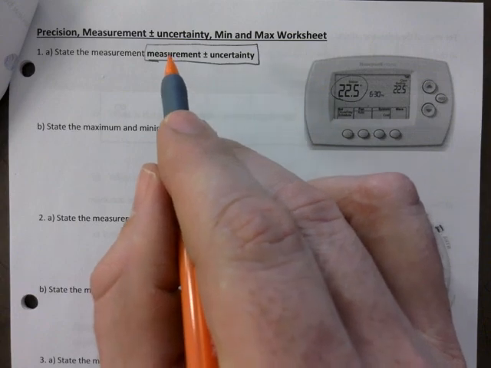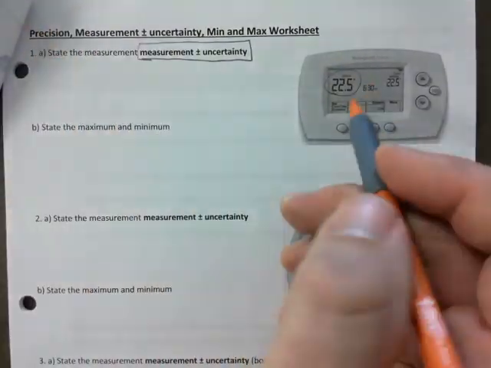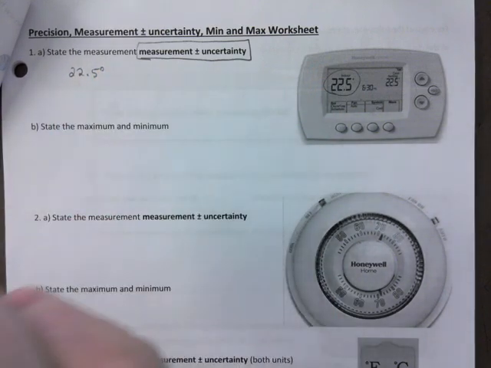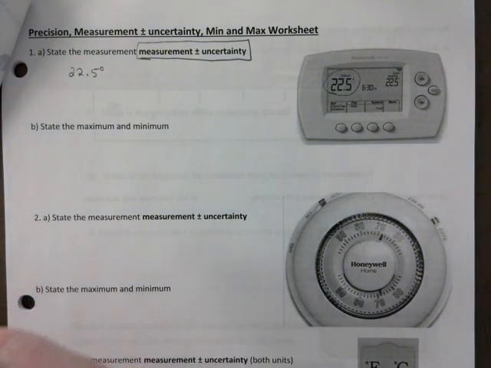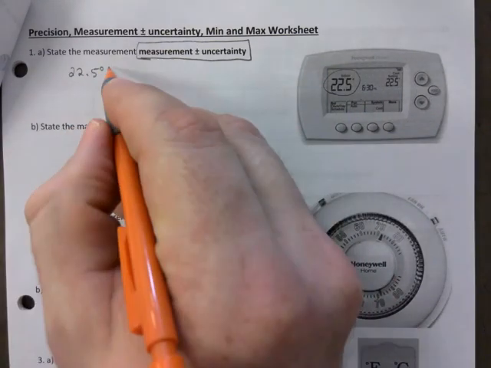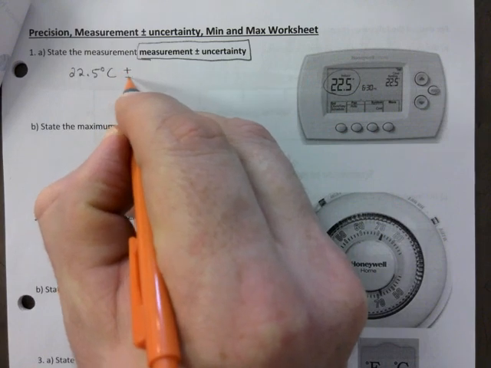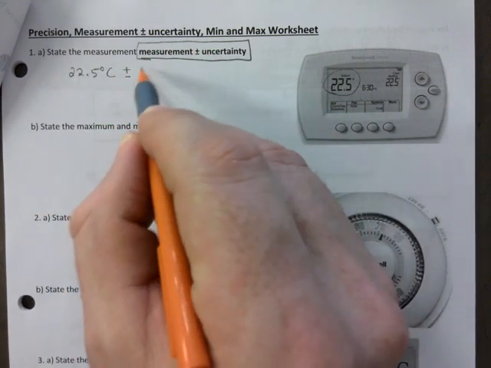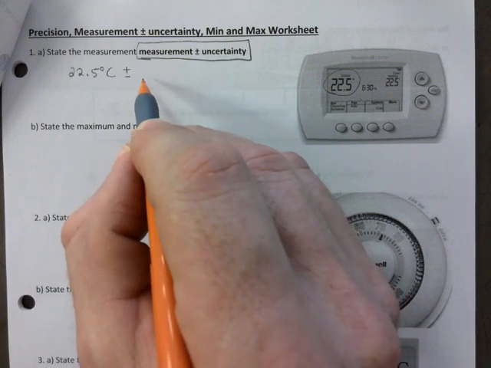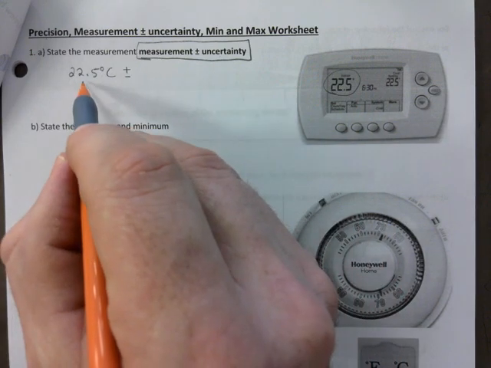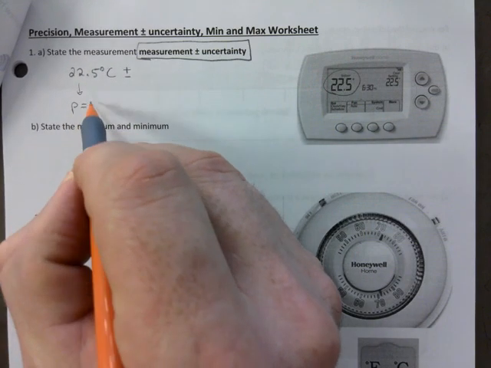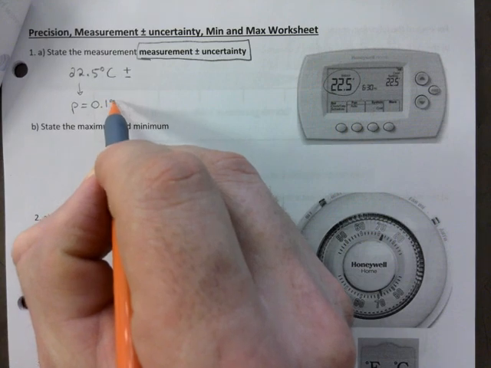Okay? I will do one more with you here. So technically you want to state this as 22.5 degrees. It doesn't say what temperature, but it's safe to say this is Celsius. Plus or minus, you're going to fill this in here. You're with me, right? So from this, I will say, well, what's the precision? 0.1 degrees Celsius, correct?